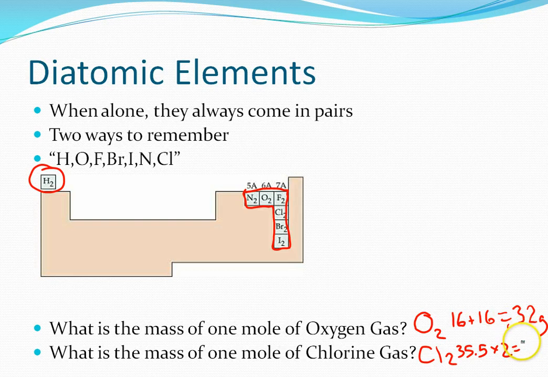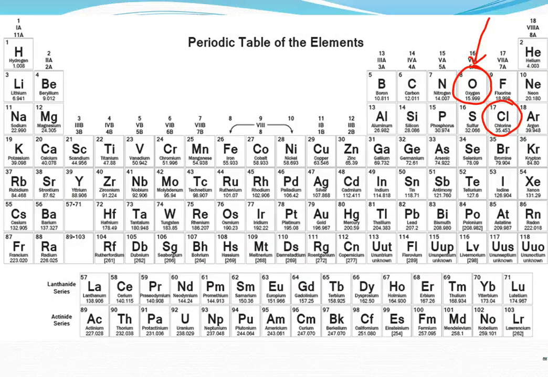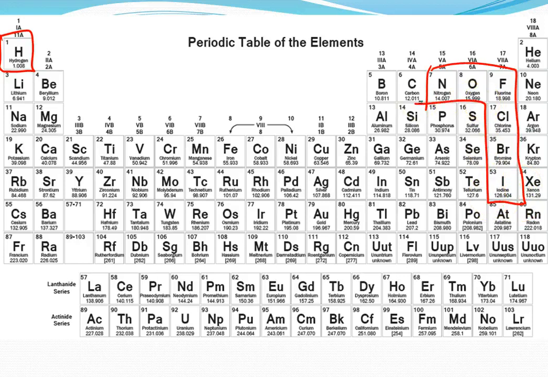A mole of chlorine gas would weigh 71 grams. Again, that's going to be true for any diatomic element, any of those ones that you see up there. And again, just to show you once more on the periodic table where those are: hydrogen, and then we go NOF downwards, and those are your diatomic elements.